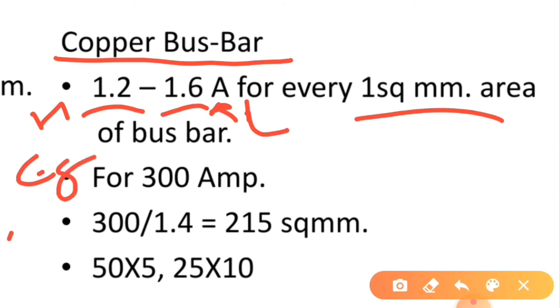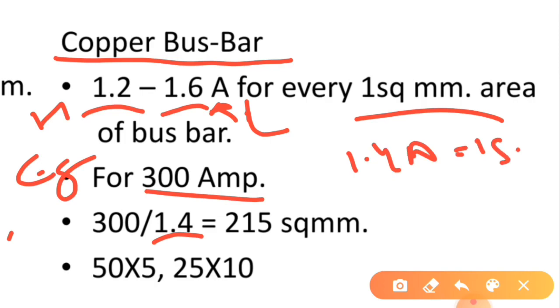Like same for 300 ampere, how much rating of copper busbar will we require? We'll see this. Friends, for 300 ampere I have taken 1.4 because this is a middle value of current. So here for 1.4 ampere we will require 1 square mm of copper busbar.